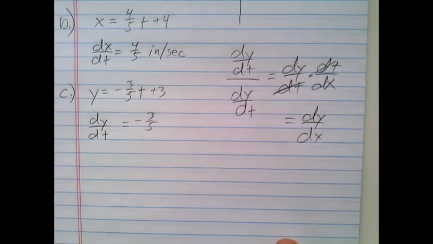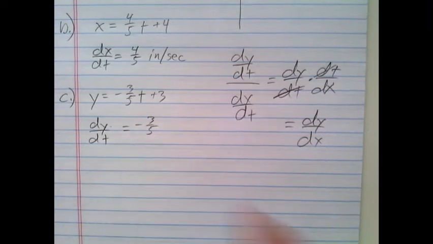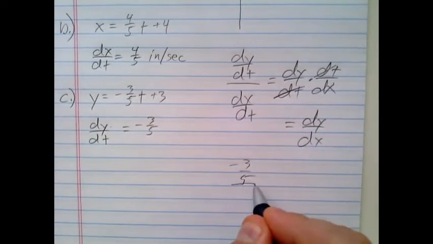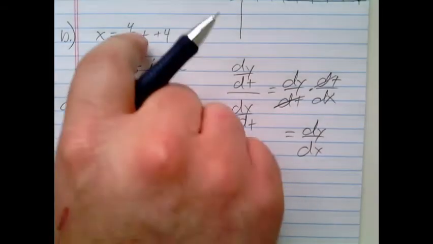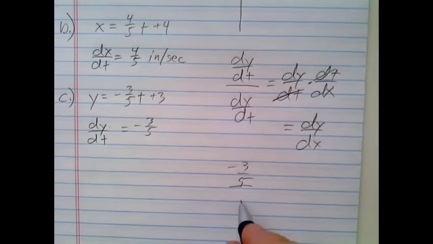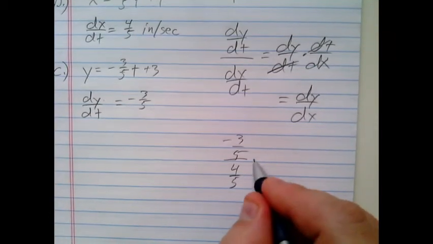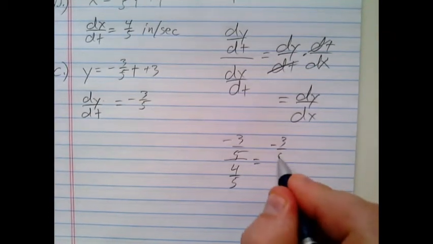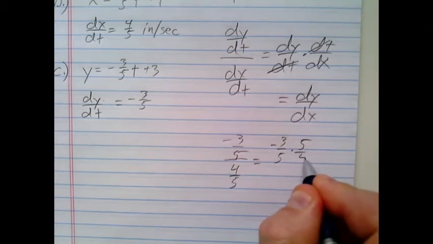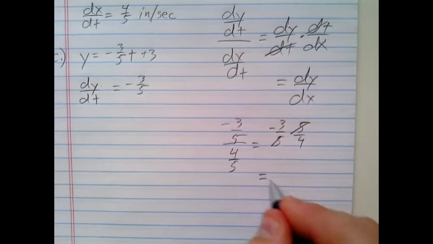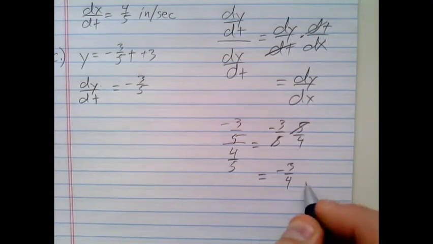Well, let's try it out. Here's dy/dt, so that's -3/5, and dx/dt was 4/5. Well, let me see. When I flip, I get -3/5 times 5/4, which is -3/4.